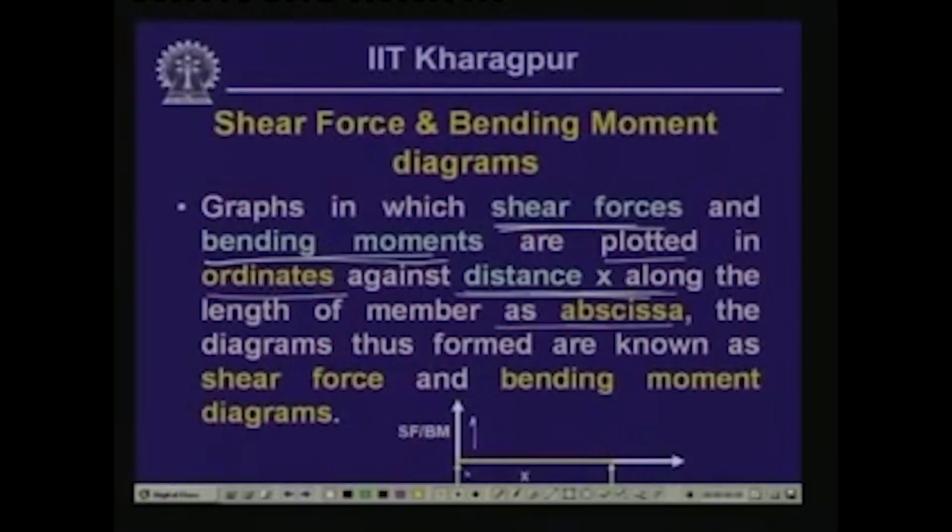For convenience, supposing we have a simply supported beam, we choose our coordinate axes in such a way that the abscissa lies along the axis of the beam and the ordinate is perpendicular to the axis of the beam. If we plot the shear force ordinates along the length of the beam, the diagram we get is called the shear force diagram, or the bending moment diagram if we plot the bending moment ordinate.